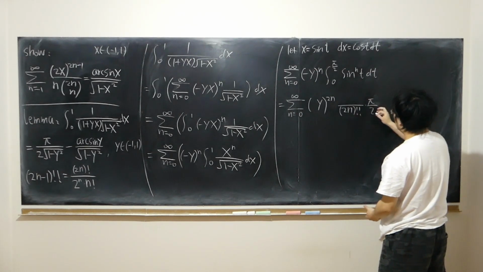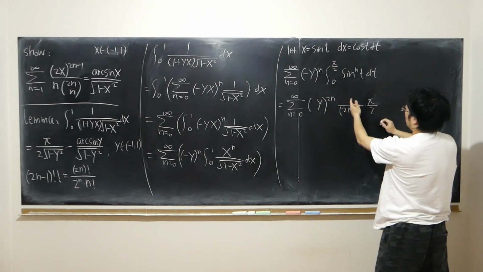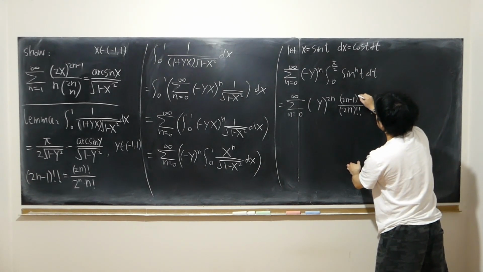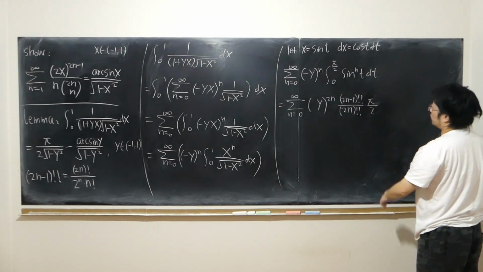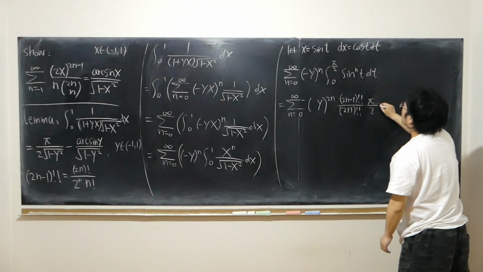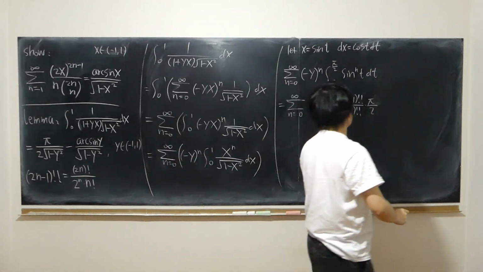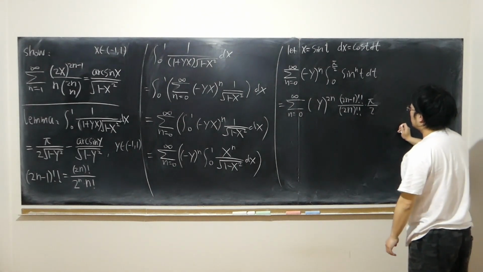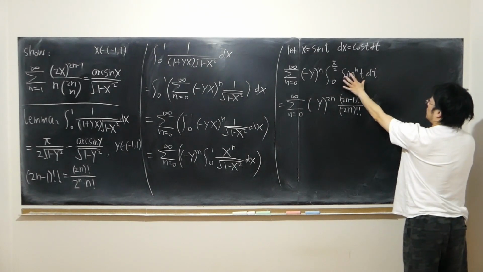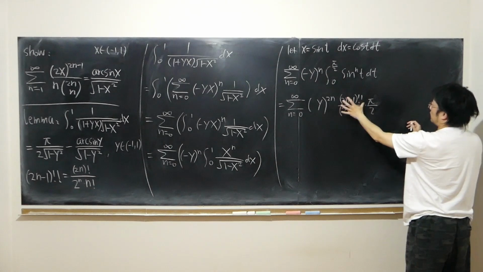With the even power I have half pi, with the odd power I don't have half pi. So on top I have 2n minus 1 double factorial. That's the Wallis formula, and later I'm going to use this identity to replace this. And second, the other part, when n is odd. This was when n is even.